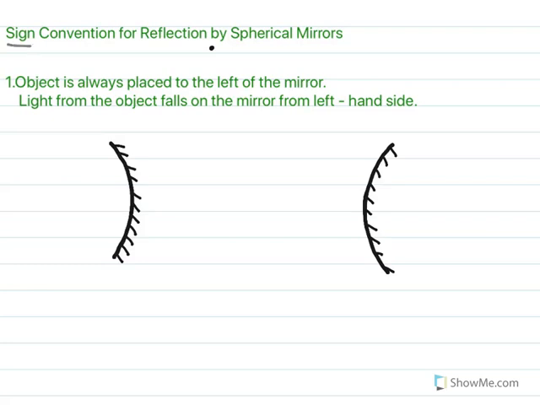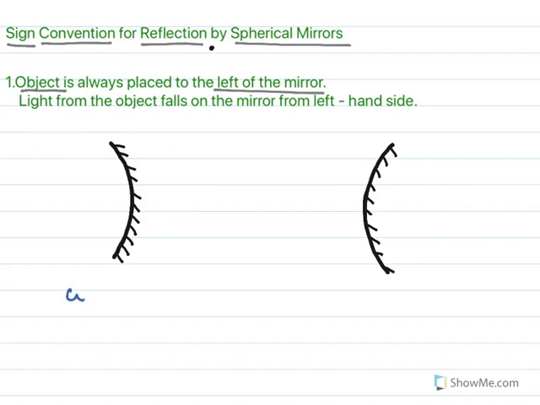Here we'll learn the sign convention for reflection of spherical mirrors. The first sign convention is: the object is always placed to the left of the mirror.